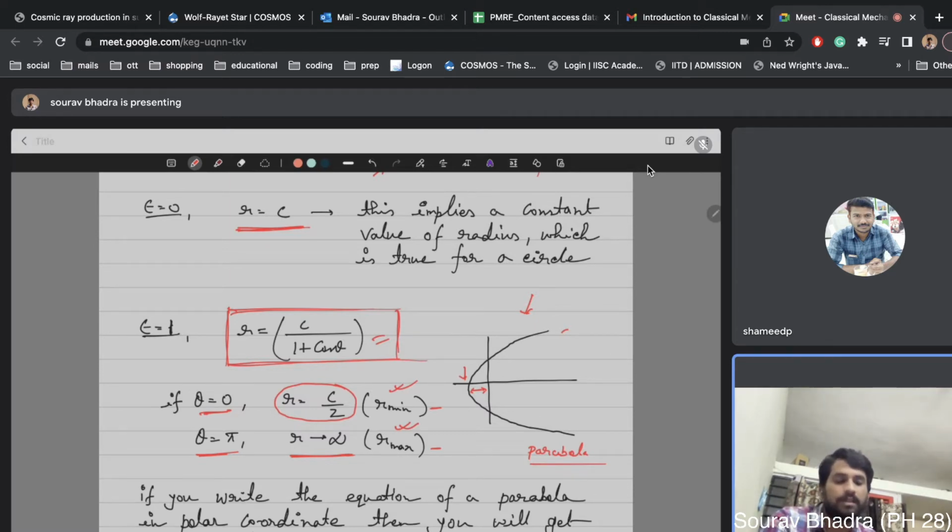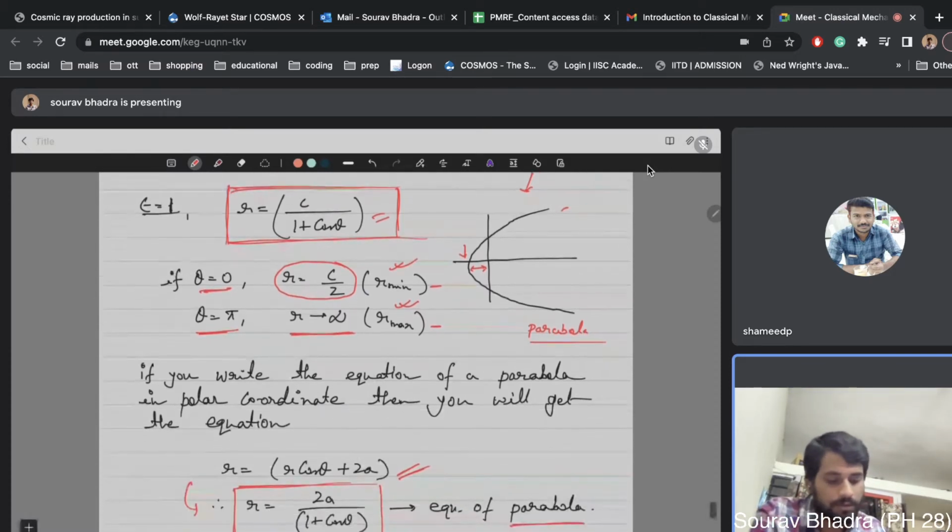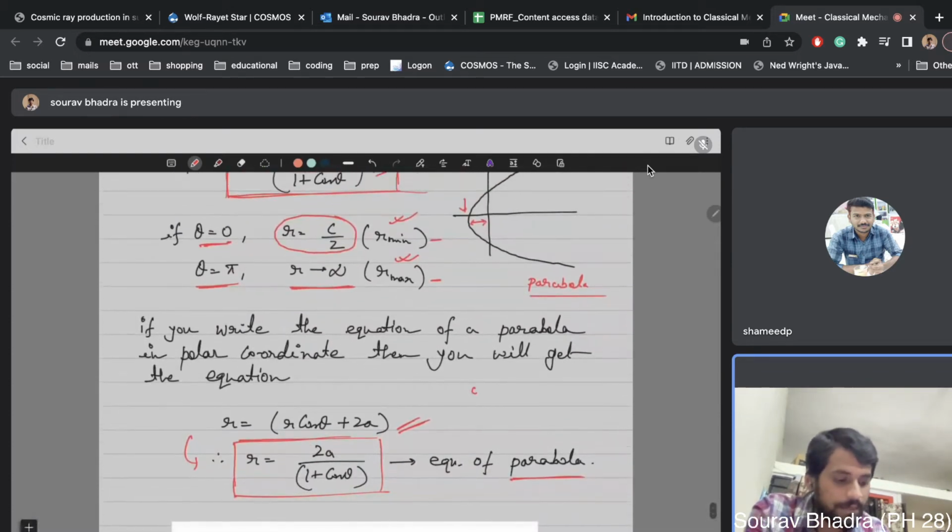If you cannot do it, just let me know, then I will do it. I have not done that because I have shown two cases, and I am asking you to do the other two cases. So I am just writing, if it is 0 to 1, then you will find a closed orbit like an ellipse, and if it is greater than 1, then you will get a hyperbola.